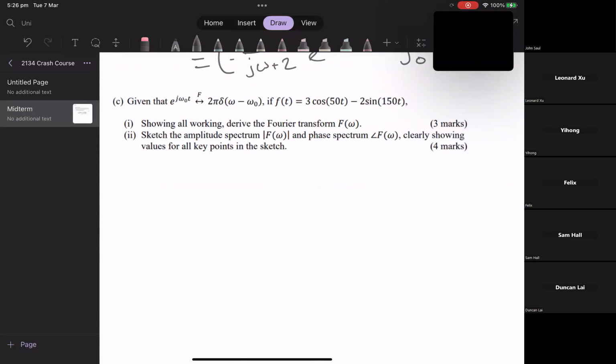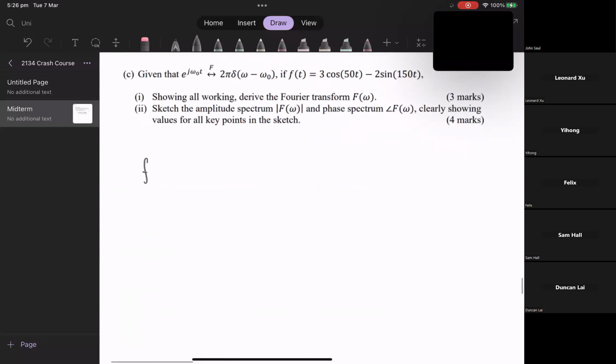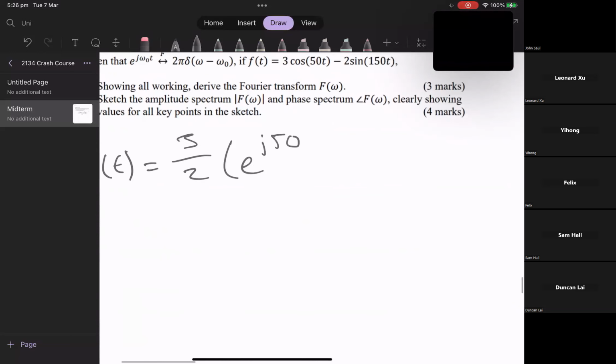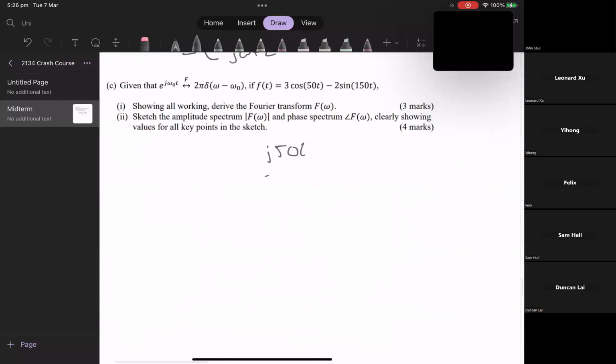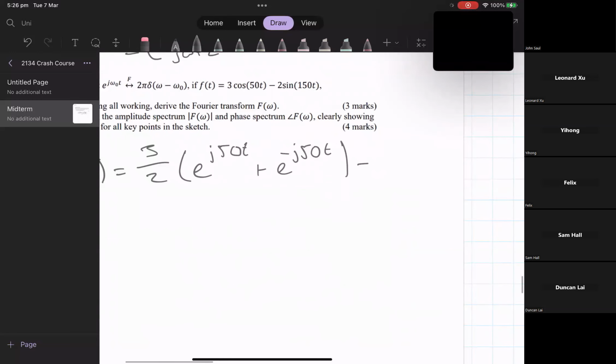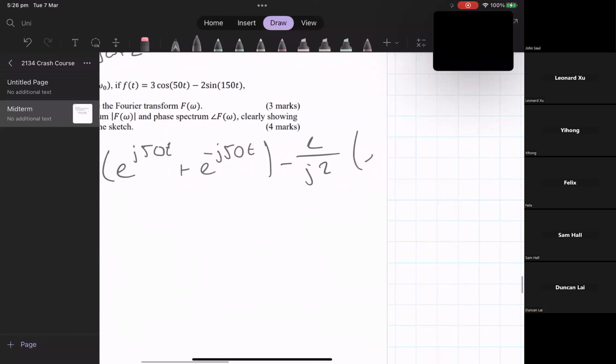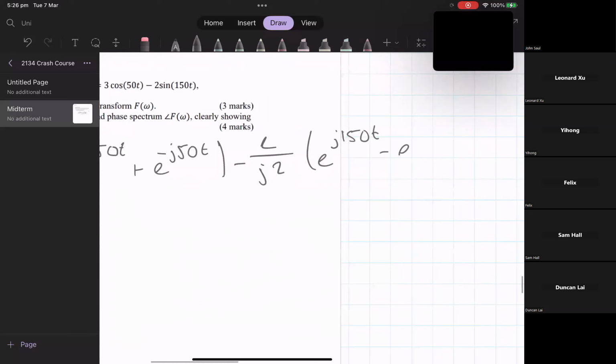If we write out our f of t that way, we get f of t equals 3 on 2 times e to the j 50t plus e to the negative j 50t, minus 2j over 2 times e to the j 150t minus e to the negative j 150t.